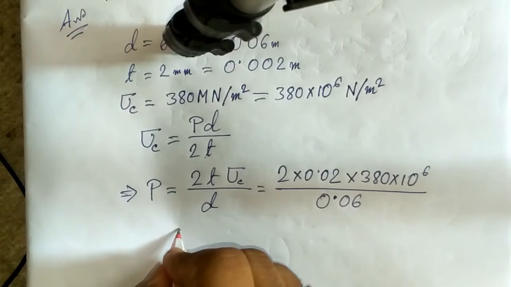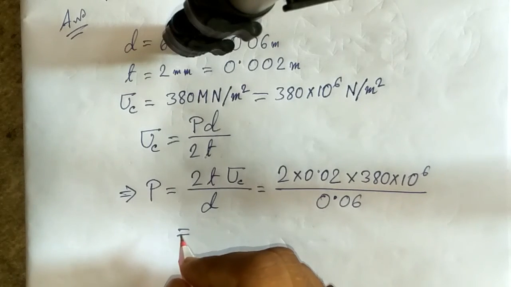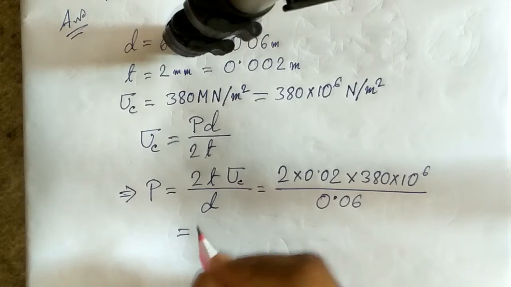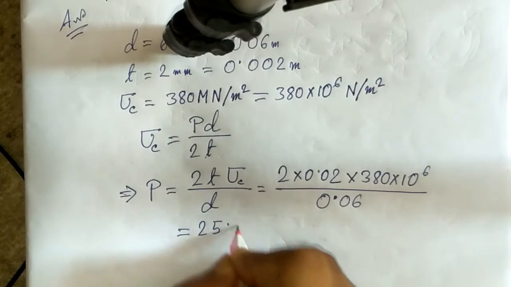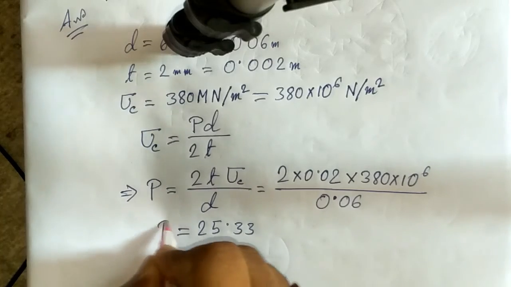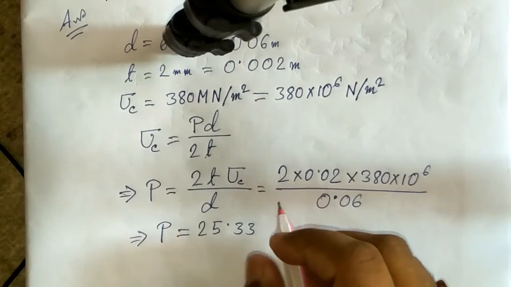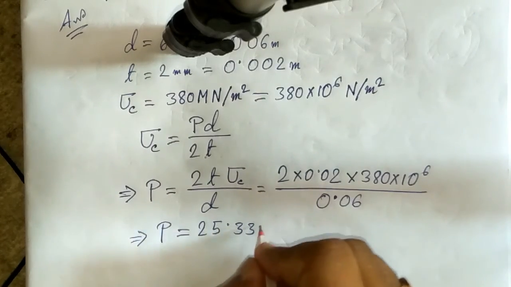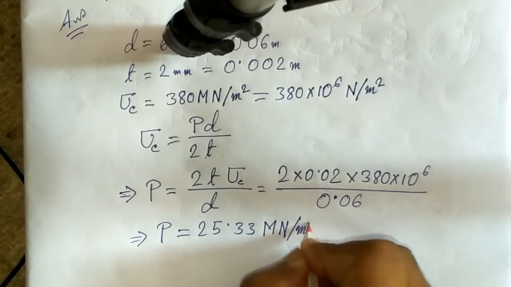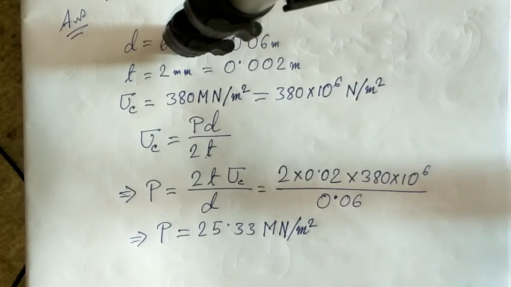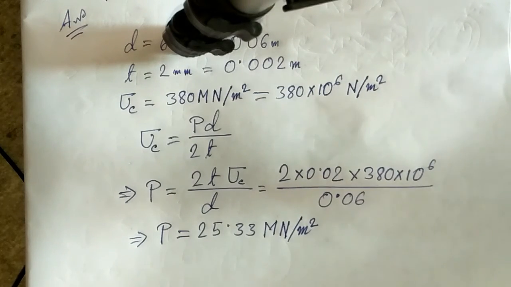By calculating this, the bursting pressure comes near about 25.33 meganewton per meter square. This is the answer, 25.33 meganewton per meter square.